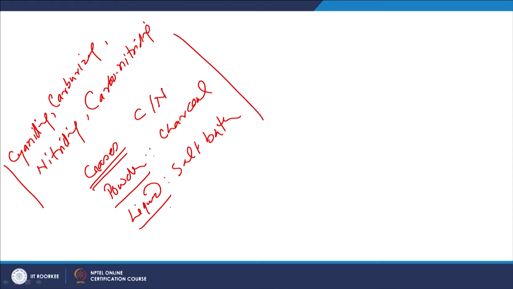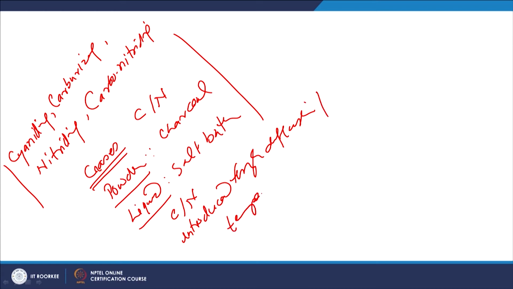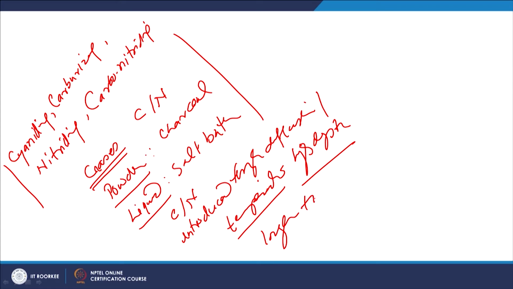Since in these processes the required element in the form of carbon and nitrogen is introduced through diffusion, which is significantly governed by temperature, and to achieve higher depths we need longer time.